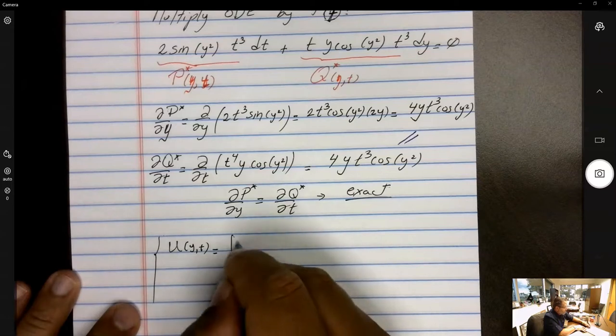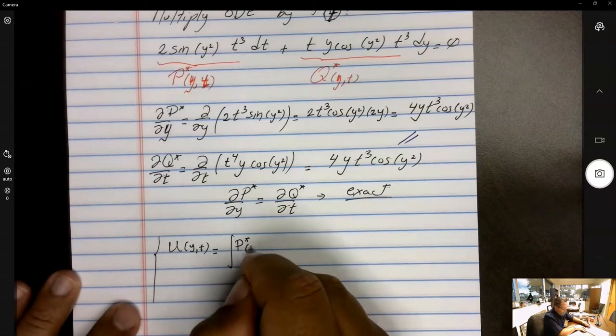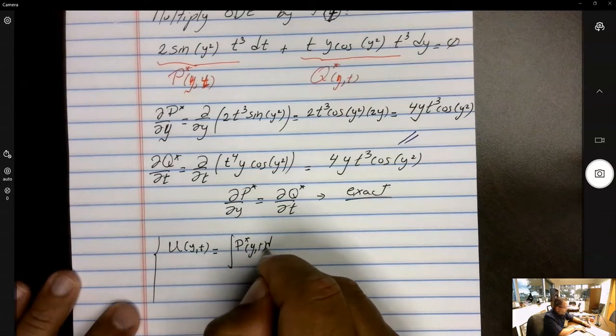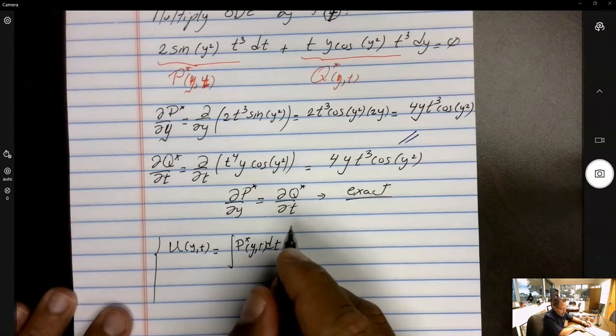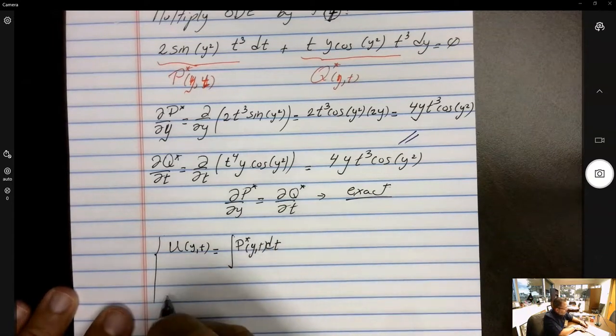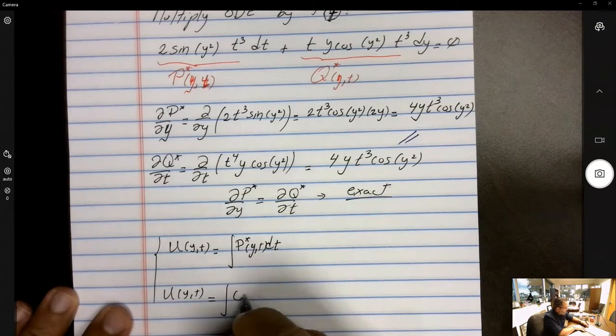It's the integral of p star of y and t with respect to t. And u of y and t is the integral of q star of y and t with respect to y.